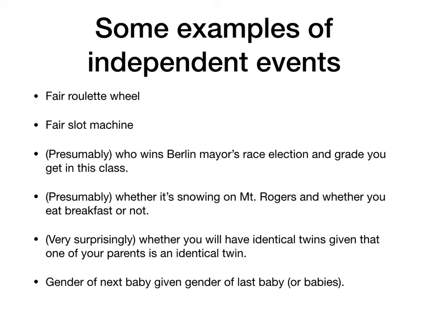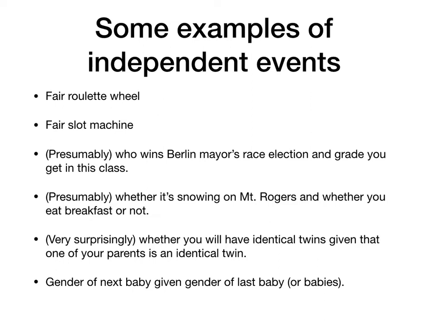You might think that there is, right? You might think, well, if my dad's an identical twin and mine is, that tells us there's some factor in the family that makes identical twins more likely, some genetic thing. We don't know what it is, but it's there. We see this from dad being an identical twin, so it's more likely that I'll have identical twins because I might have gotten this gene, right?